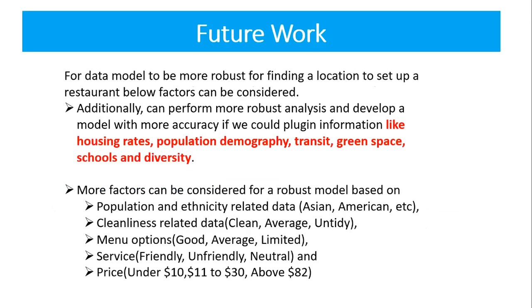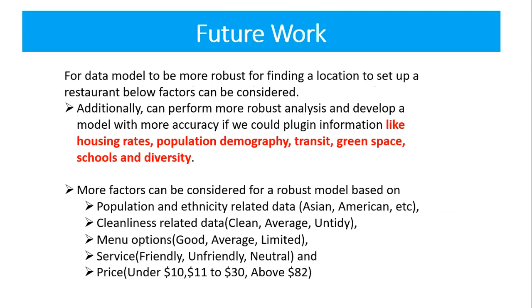So this is a possible future work, that we can look at the housing rates. We know that some areas in New York, like Upper East, Upper West, and those areas are high class areas. It's very expensive.